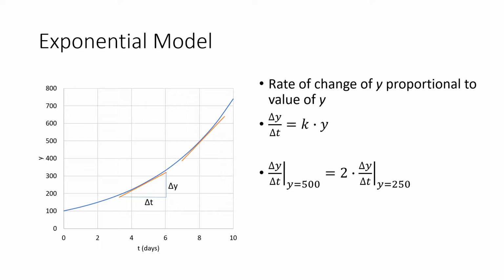So the slope of this line would be at a y value of around 250. But when you get up to a y value of about 500, that slope is going to be twice as high because it's proportional to the y value.